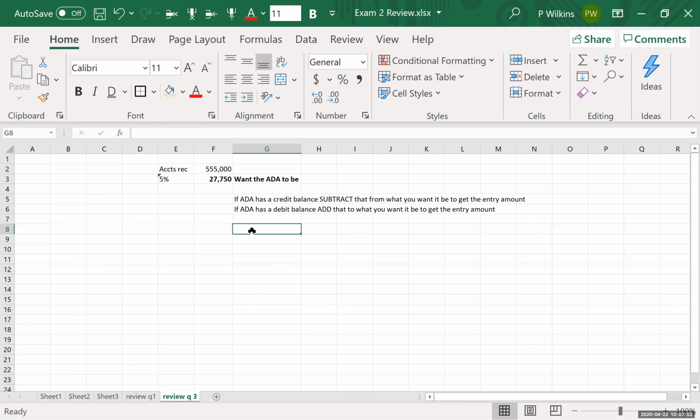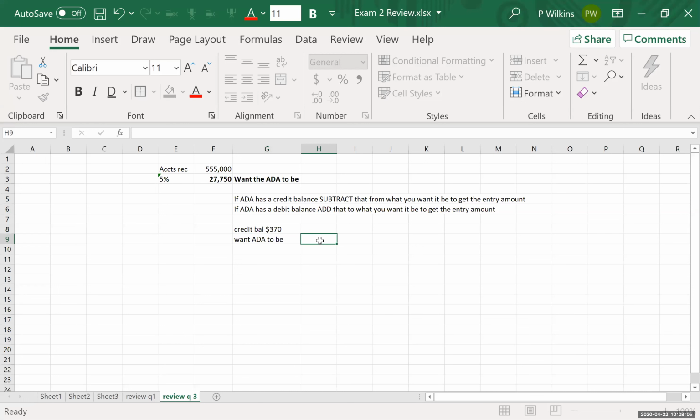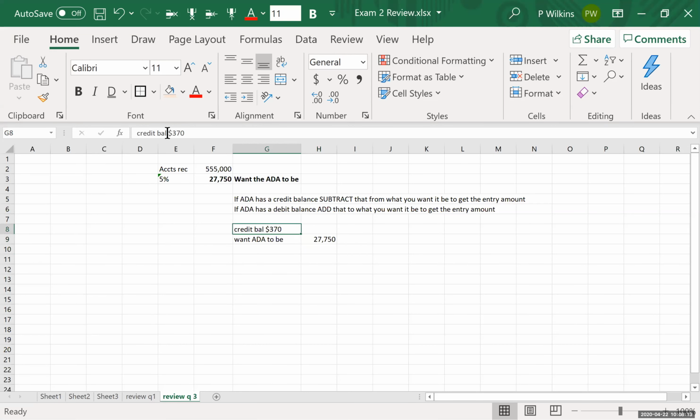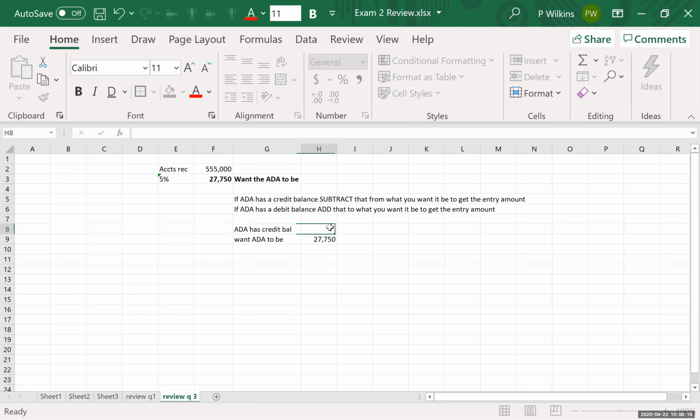So the credit balance is $370, right? We want ADA to be $27,750, right? $27,750. Hold on, I'm just making notes on the screen here. ADA has a credit balance of $370.